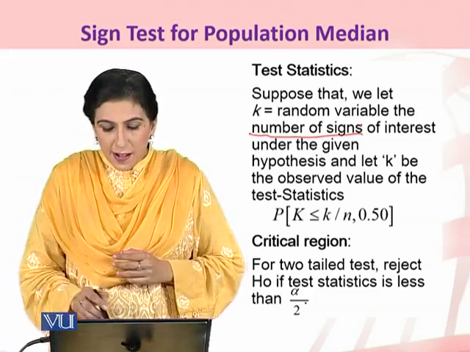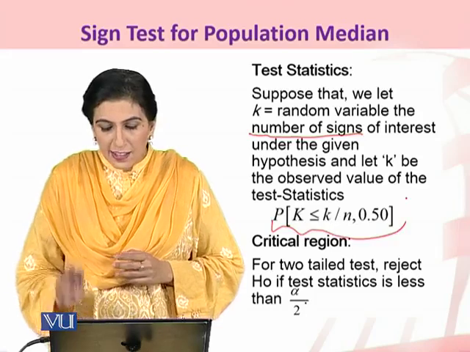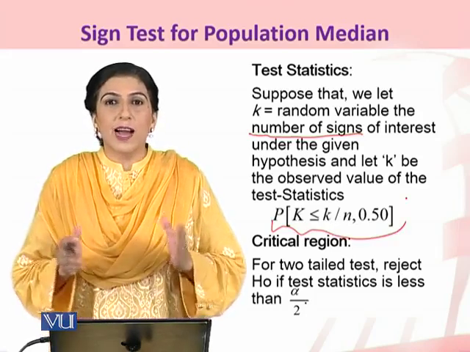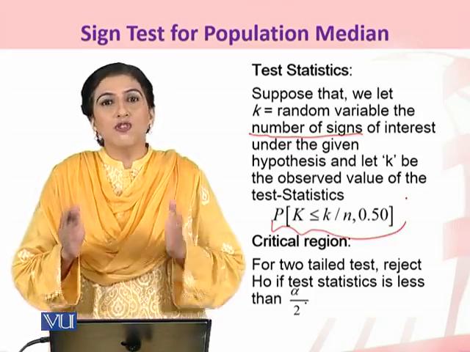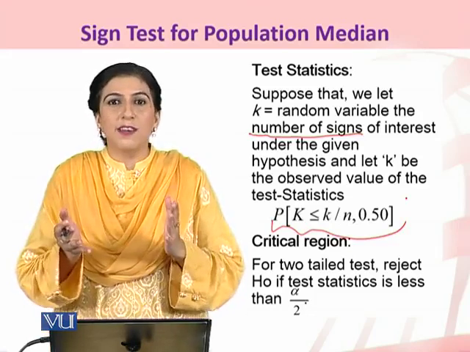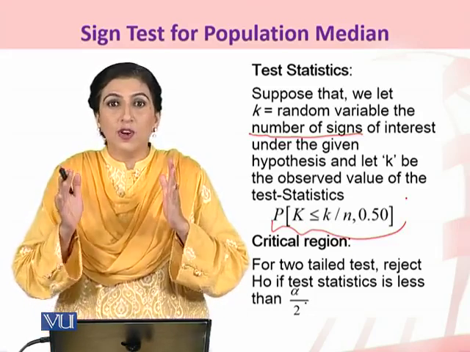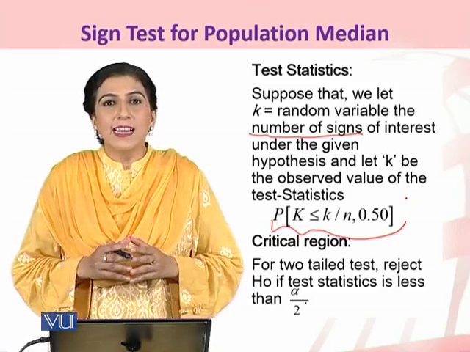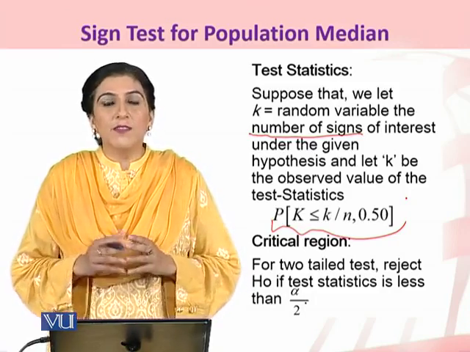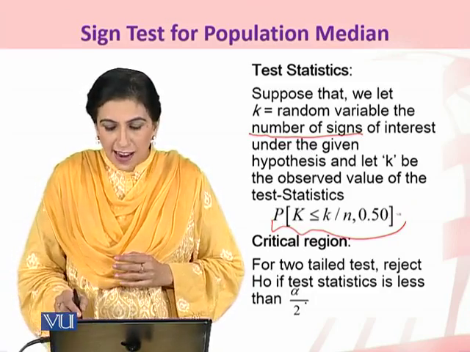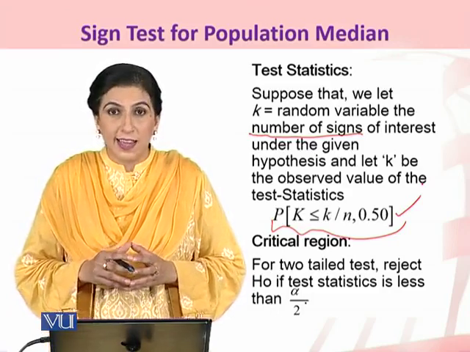So students, आपको ये करने के बाद k डिटरमिन करने के बाद, जो कि आपके नंबर ऑफ साइंस होंगे, जो दोनों साइंस में से प्लस और माइनस में से जो लीस्ट होंगे, जो कम होंगे, दैट विल बी टेकन एज k. So once you have determined the k, तो आपको ये desired probability calculate करनी है.